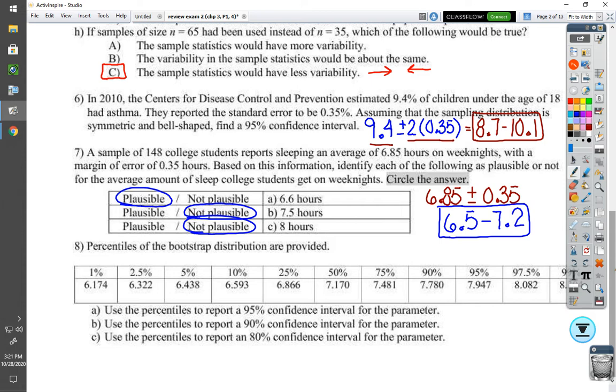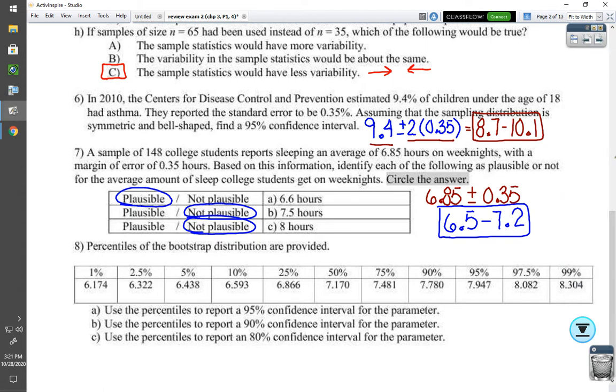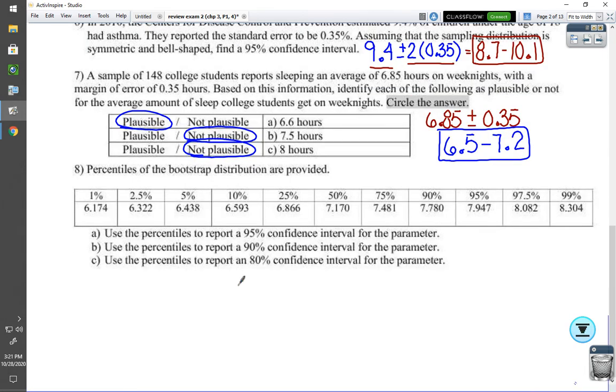Percentiles of the Bootstrap distribution are provided. So we see some values that are provided in here. Use the percentiles to report the 95% CI. Well, remember that a 95% CI is subtracted from 100%, leaving 5%.